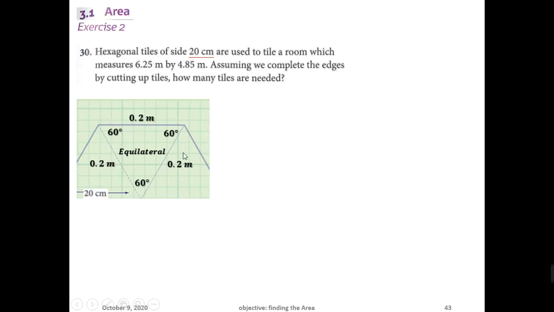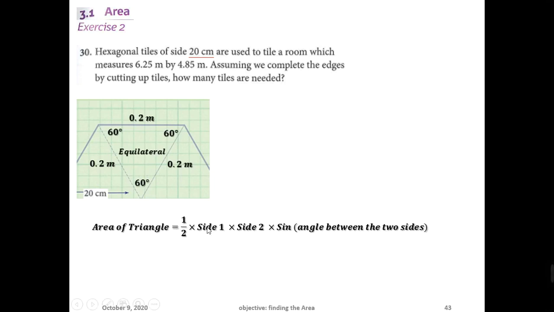As you can see, each side is equal to 0.2, and we know the angle between every two sides. We're going to use a general formula for finding the area of a triangle. Area of a triangle is equal to half times side 1 times side 2 times sine of the angle between the two sides.